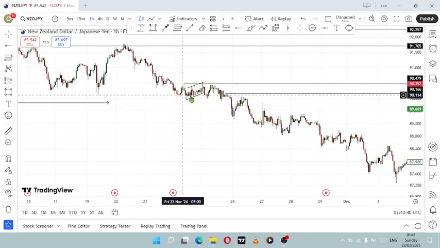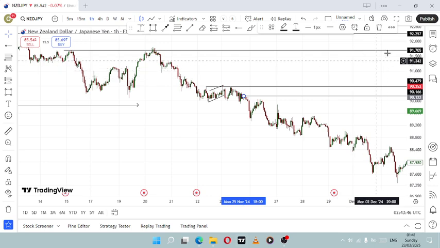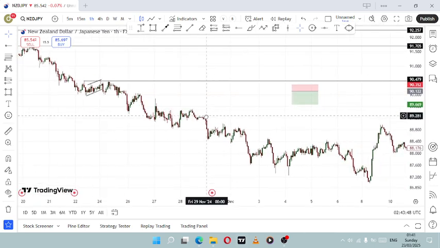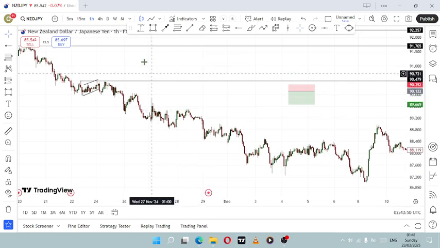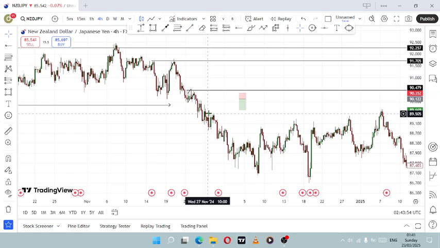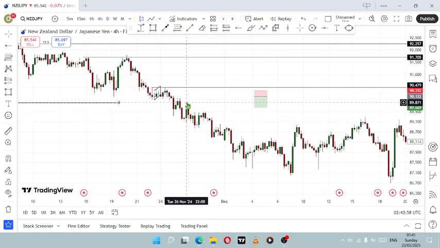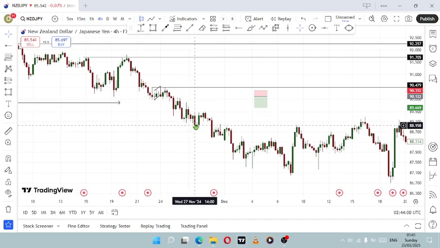So I'll put my reflection on this one, price taps into the structure, and I won't get that entry. And then this area comes, price drops.